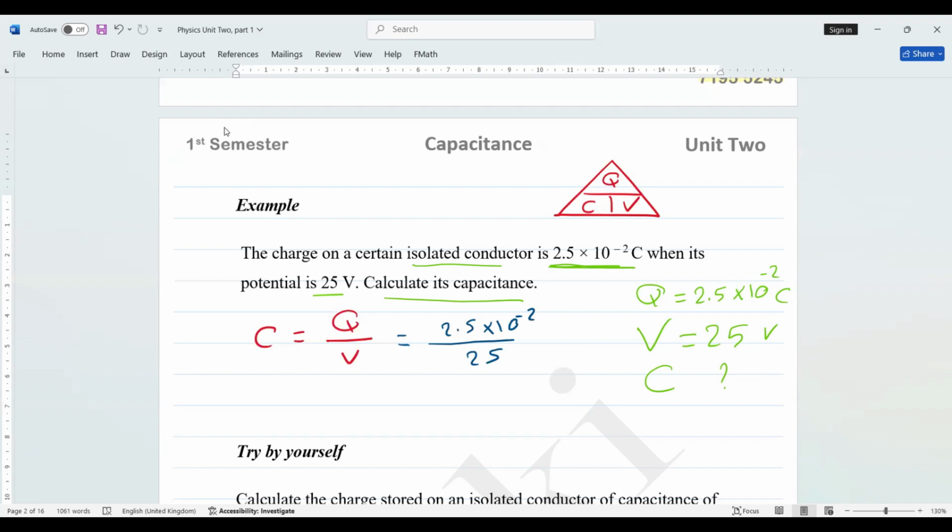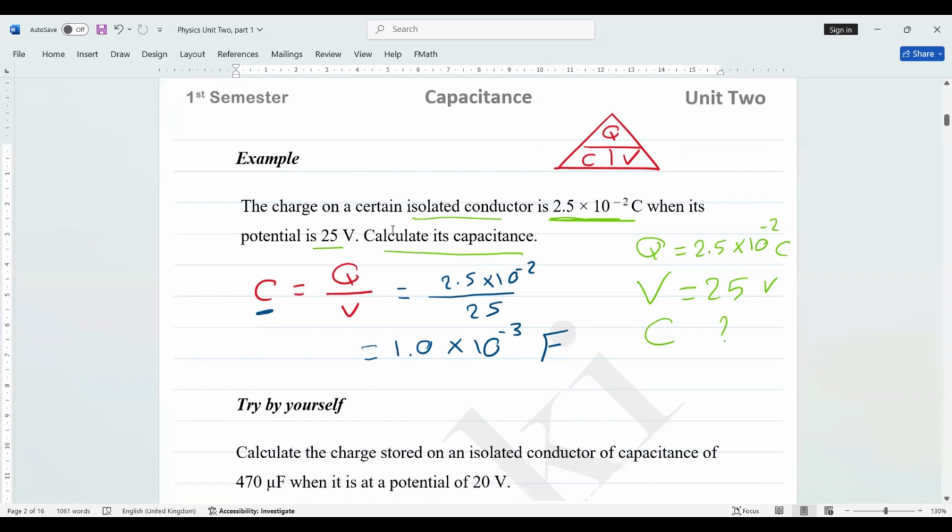So the answer is 1.0 multiply 10 power negative 3. Remember, the capacitance is measured in farad, capital letter. Okay? Now, try to solve this question, please.